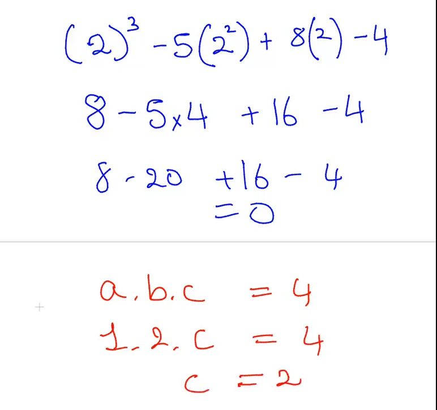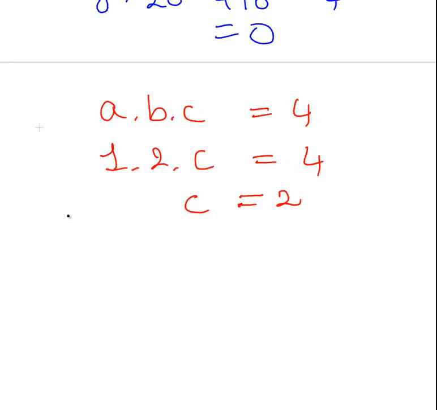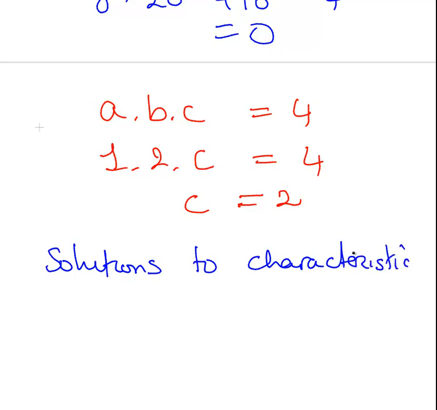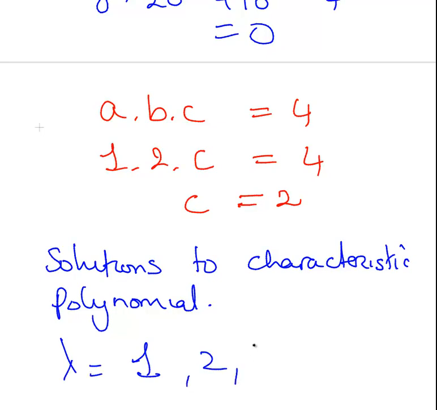So the eigenvalues that we are looking for, the solutions to the characteristic equation or characteristic polynomial, are as follows: lambda equals 1, 2, and 2.